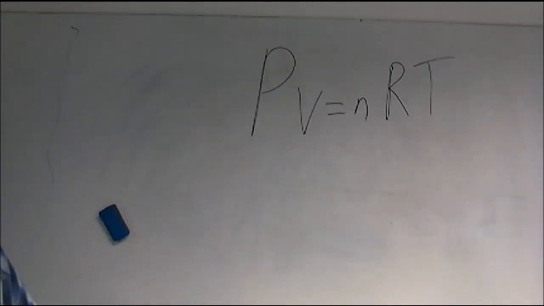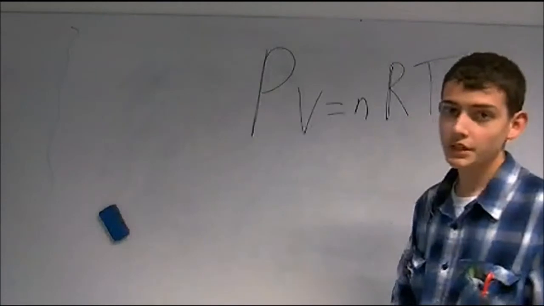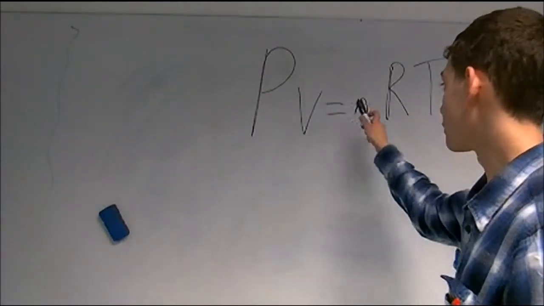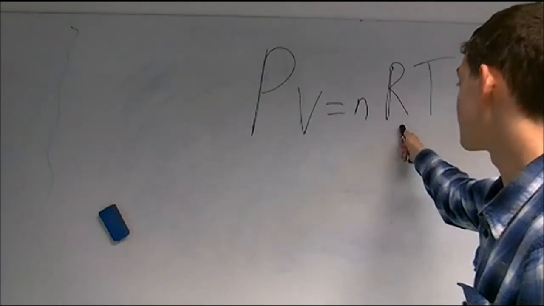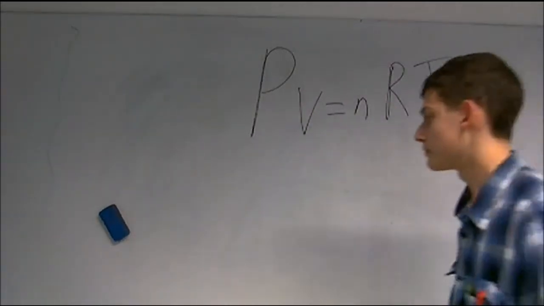Now what's that capital R called? It's the gas constant. That's kind of boring. But here's what it means: pressure times volume equals the number of moles times the gas constant times your temperature.